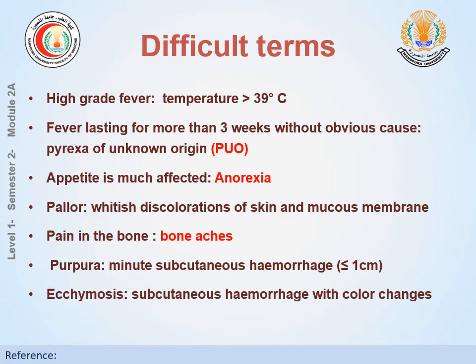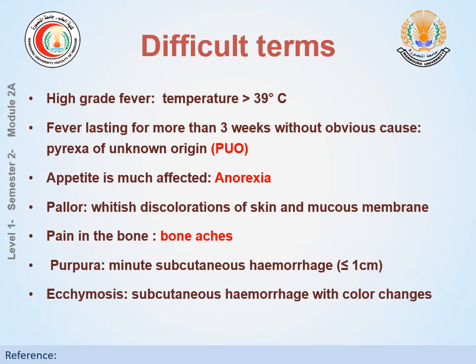Appetite is much affected, so it's called anorexia. Pallor means whitish discoloration of the skin and the mucous membrane. Pain in the bone, as we said, is called bone aches, as the patient has pain in both upper and lower limbs. Purpura means minute subcutaneous hemorrhages of less than 1 centimeter, as we see in the pictures.